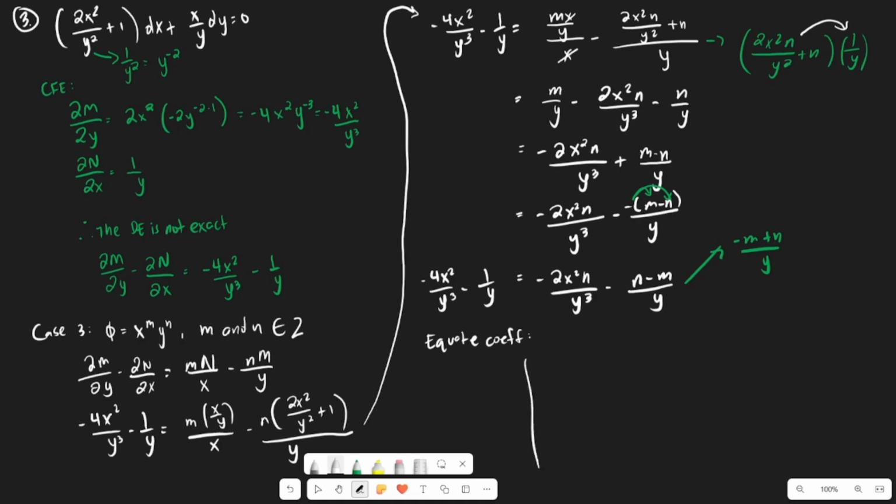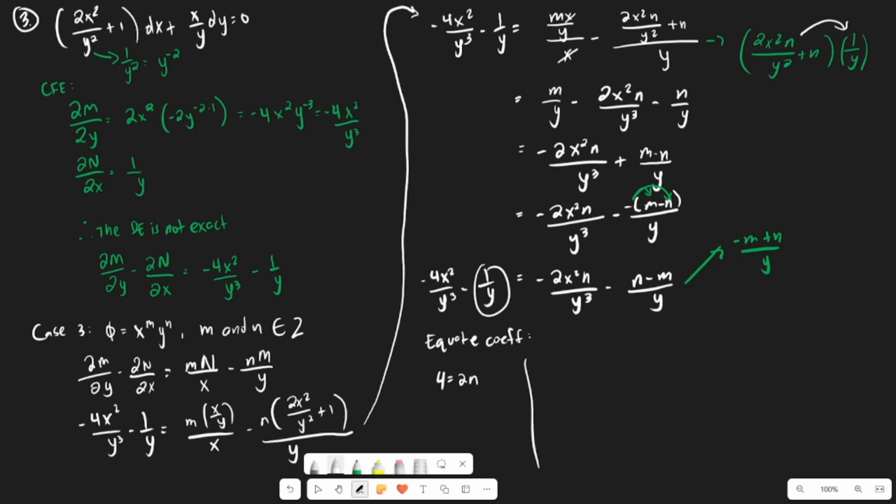For this side, the only thing that is not common, you will equate. In this case, we have 4 and 2n. So this is 4, and you have 2n right here. So you'll have 4 is equal to 2n.